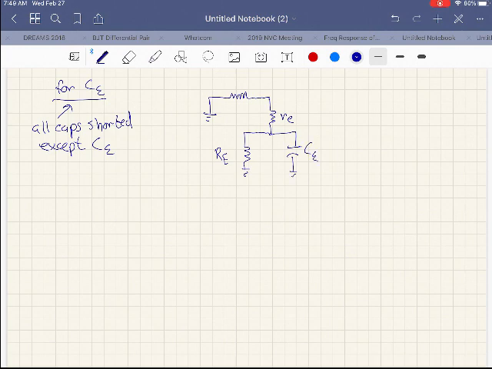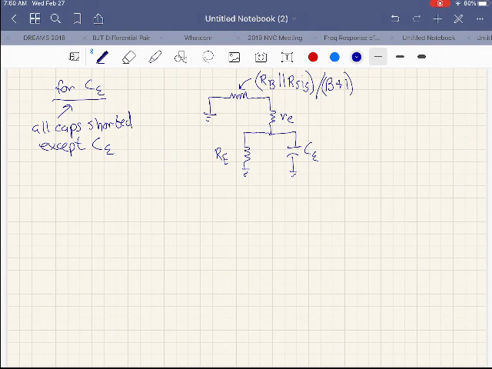Now, this equivalent resistance right here is going to be RB in parallel with R sig, divided by beta plus 1.